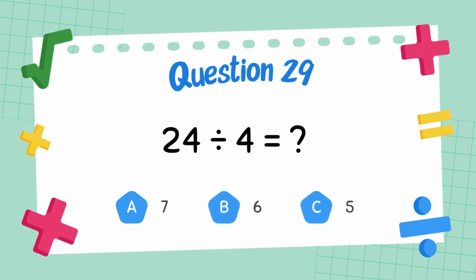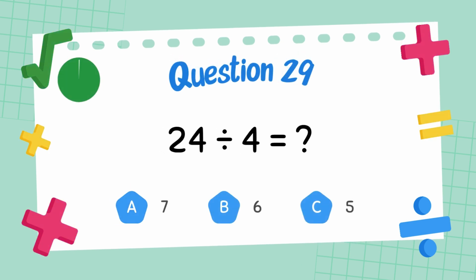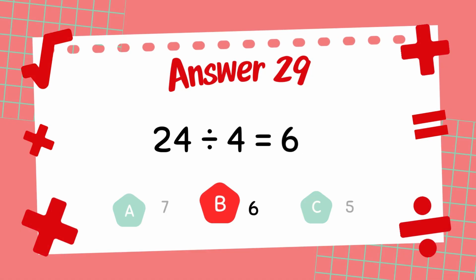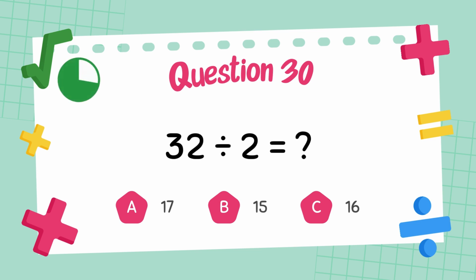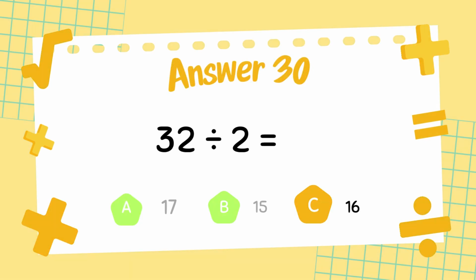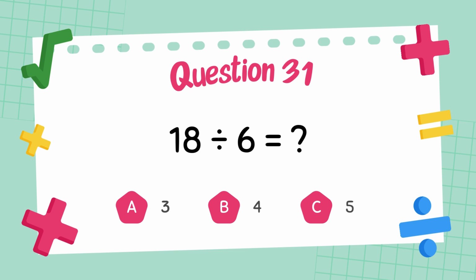What is 24 divided by 4? The answer is 6. What is 32 divided by 2? The answer is 16. What is 18 divided by 6?